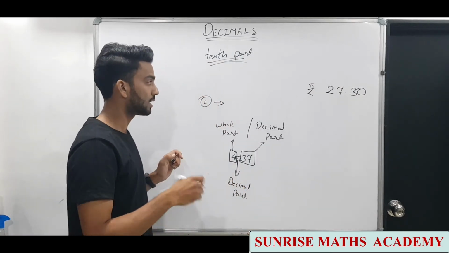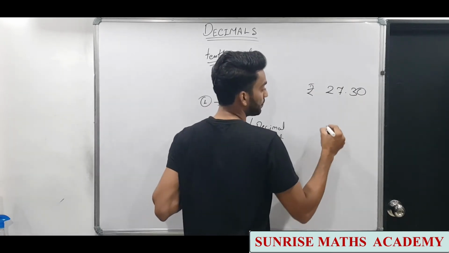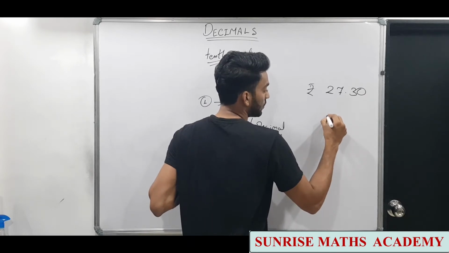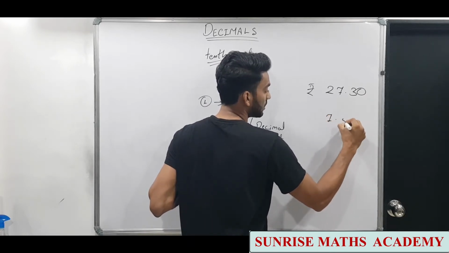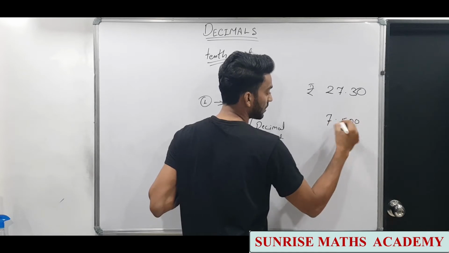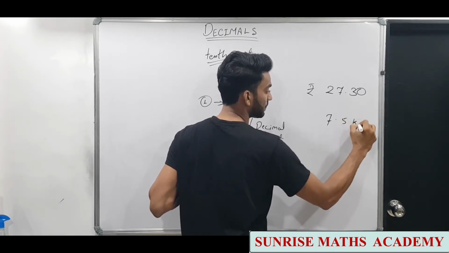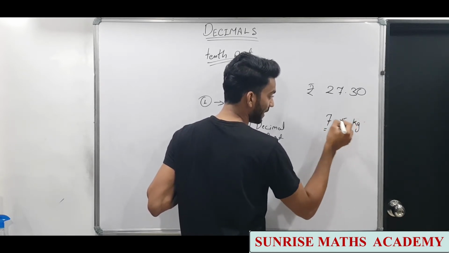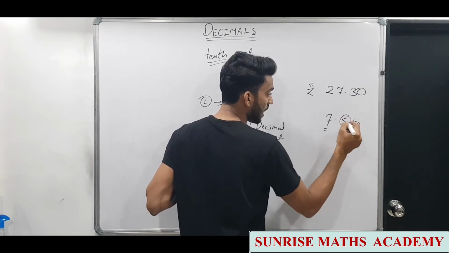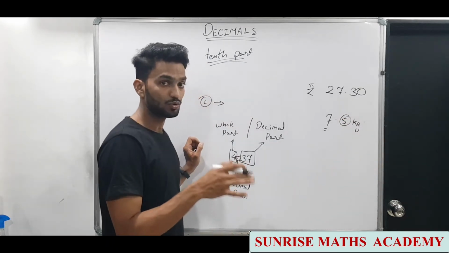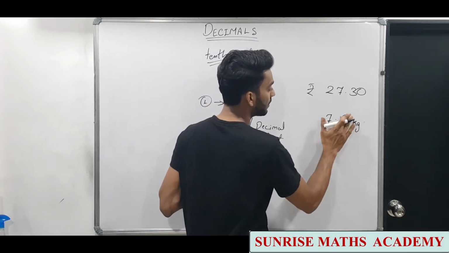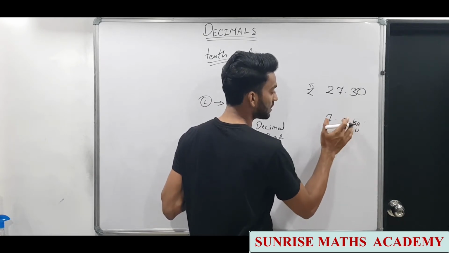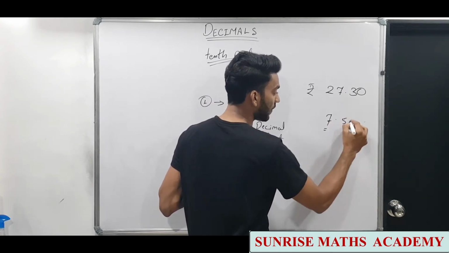We know that. In the same way we can have 7.5 kg. So 7 kg, and 1 kg is divided in 1000 parts. From that 500 is taken. 7.5 kg is 7 kgs and 500 grams.